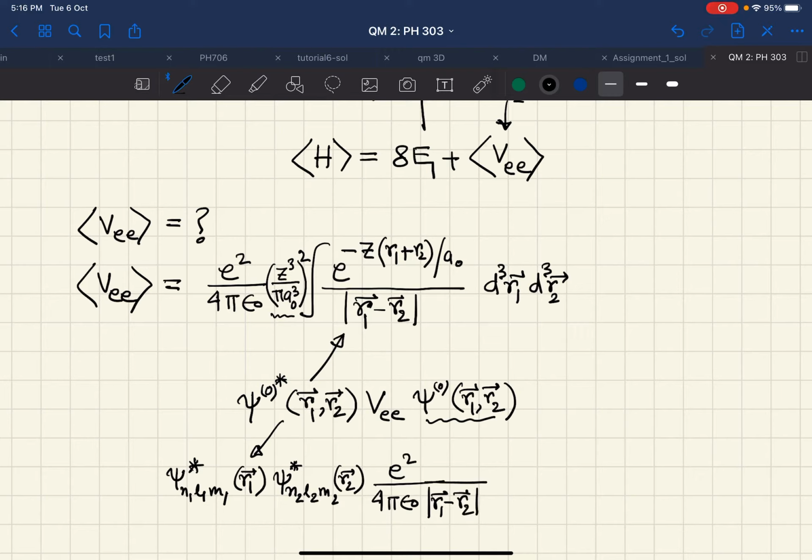And then we will again have psi 0 n1 l1 m1 r1, psi 0 n2 l2 m2 r2. Each of these psi's here contributes a factor of Z cube by pi a0 cube to the power half. There are 4 such terms, therefore it will be a square here in this expression.